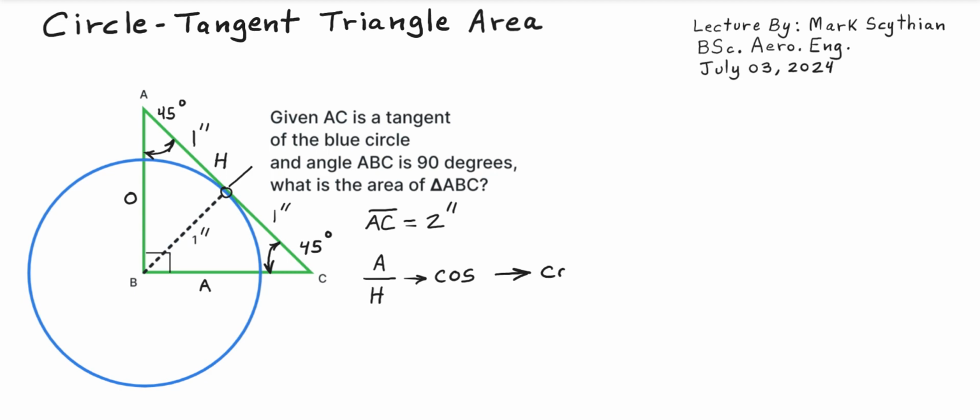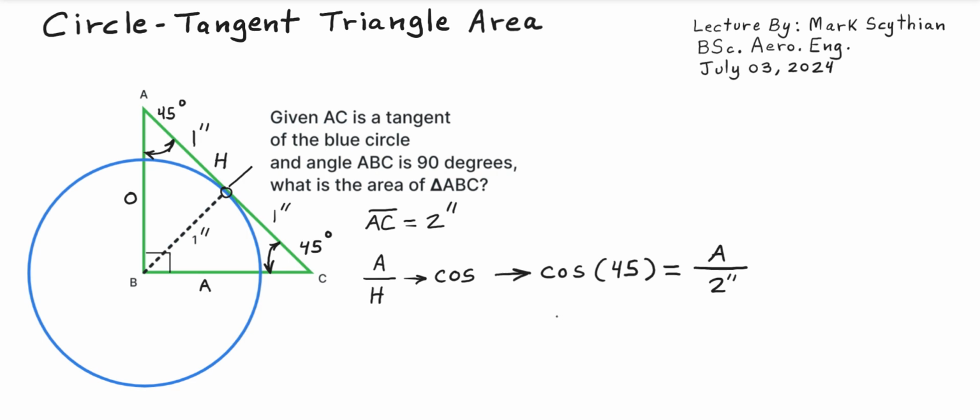So we can take the cosine of 45 degrees held in your calculator's degrees mode, then made equal to the adjacent side length, which we don't know, we'll call it A, divided into the hypotenuse length, which we do know, 2 inches.